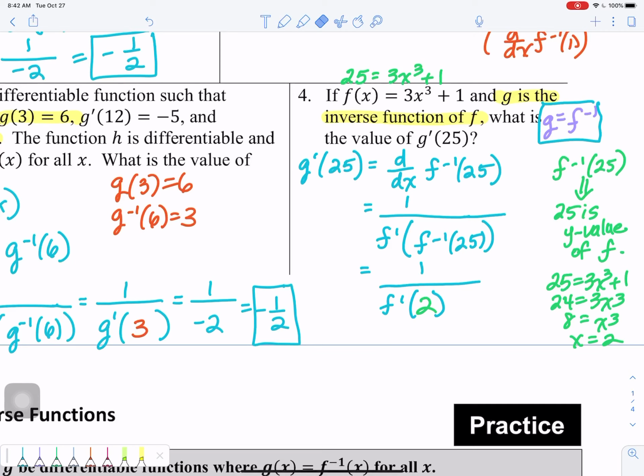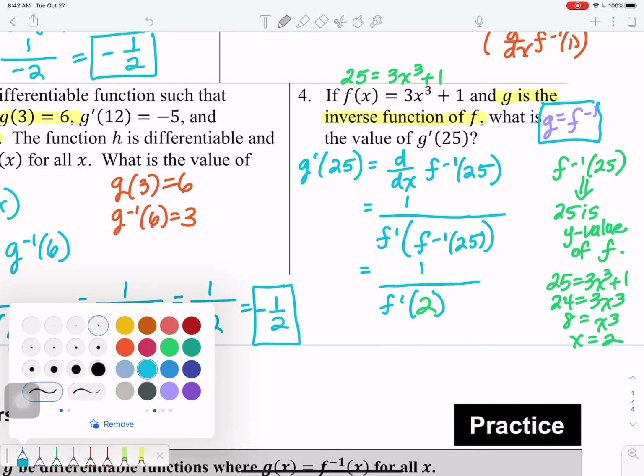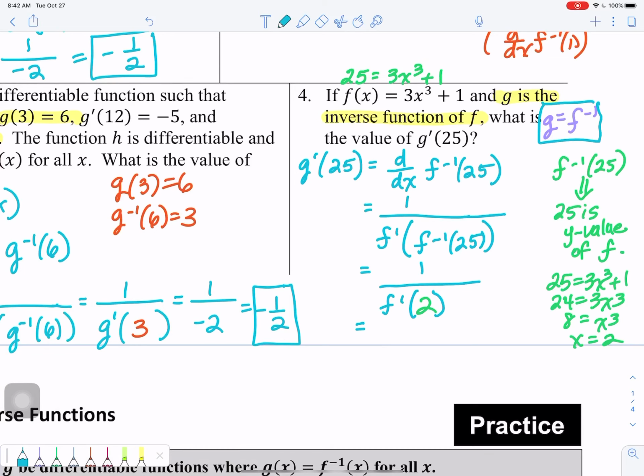Now you might be asking, how am I going to find f prime of 2? Well, let's write f prime of x. I kind of wrote a little large here, but I'll change color so it's not confusing. f prime of x. Look up here at our definition of f. And f prime of x is 27x squared.